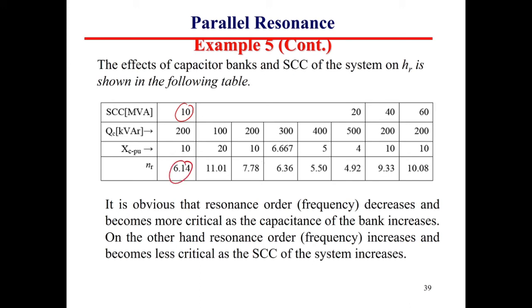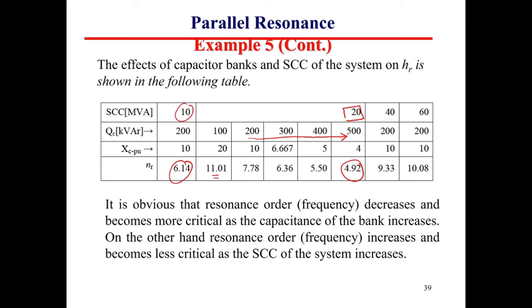Actually, sorry, we are looking over here because this is only one case. So we are looking at this case, short circuit level 20, and we are increasing the size of the capacitor bank. As we increase the size of the capacitor bank, we are going to reduce the harmonic order. If the size is 100 kilovar, the harmonic order will be 11.